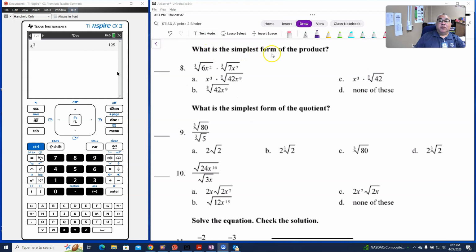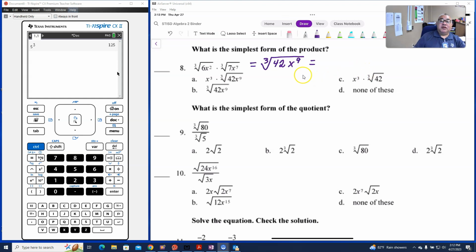What is the simplest form of the product? So this is the 3rd root and this is the 3rd root. So we know that we have 6 times 7. So you're going to get the 3rd root of 6 times 7, which is 42. We have x squared times x to the 7th, which gives you x to the 9th.